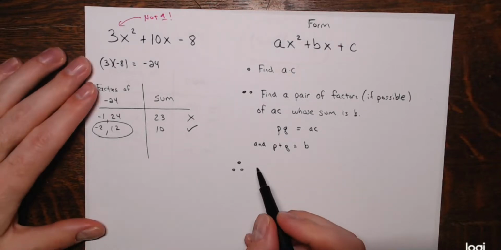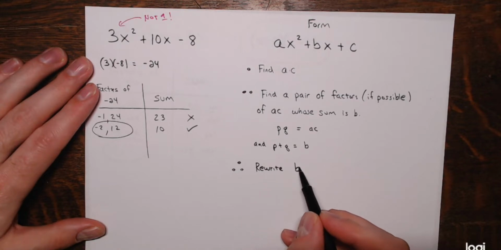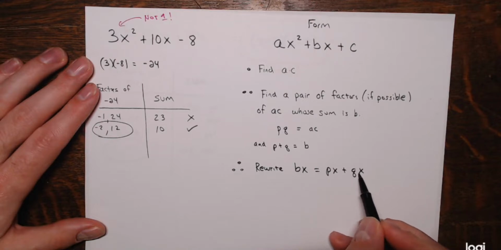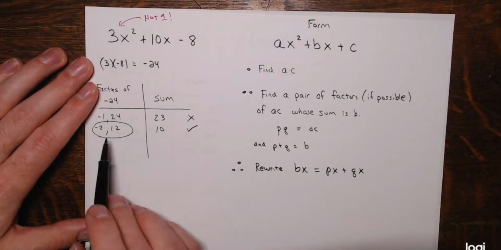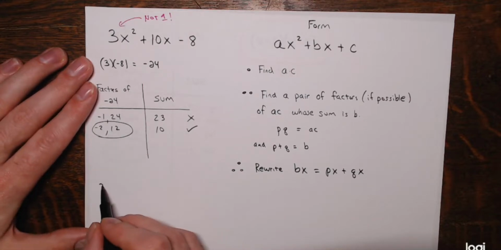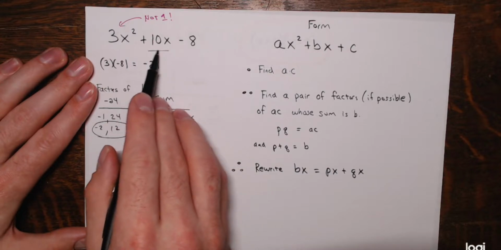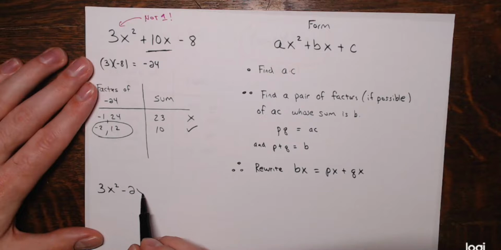So here's where we rewrite bx as px plus qx. Rewrite that middle term using those two factors. So now instead of 3x squared plus 10x minus 8, the plus 10x I'm going to rewrite as minus 2x plus 12x using those two numbers, and then you have minus 8.